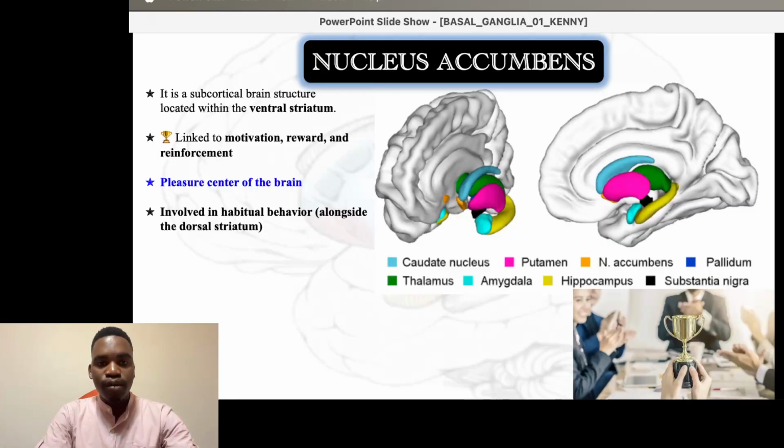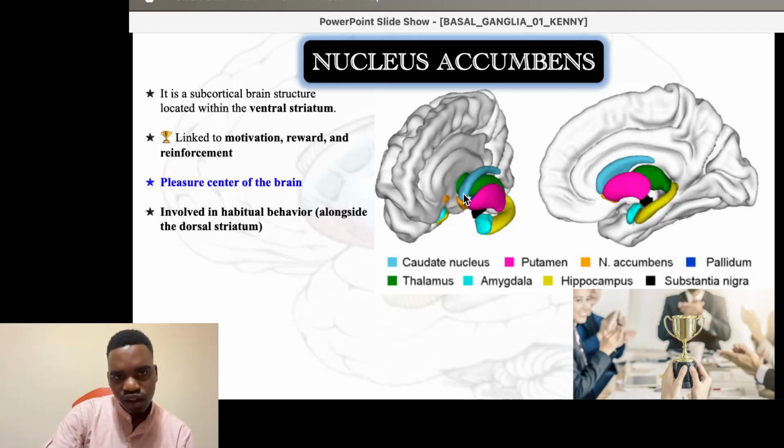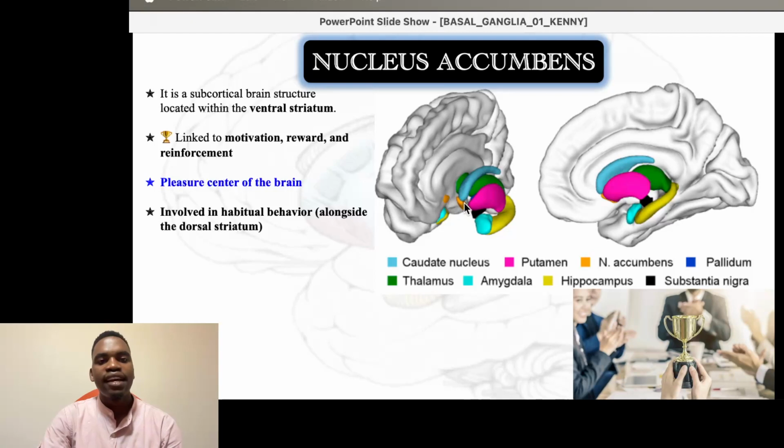Now the nucleus accumbens. The nucleus accumbens is a subcortical structure. You can see it's somewhere here, deep. It's associated with the caudate nucleus, and it's often not seen in most sections through the brain. It is the pleasure center of the brain.